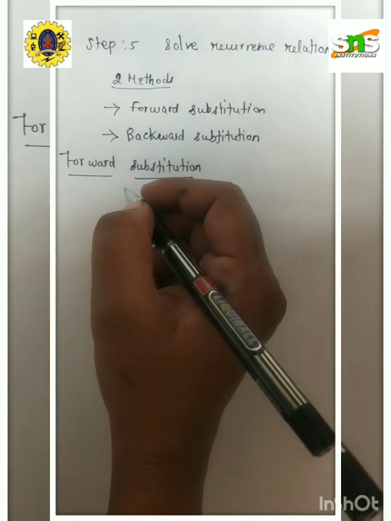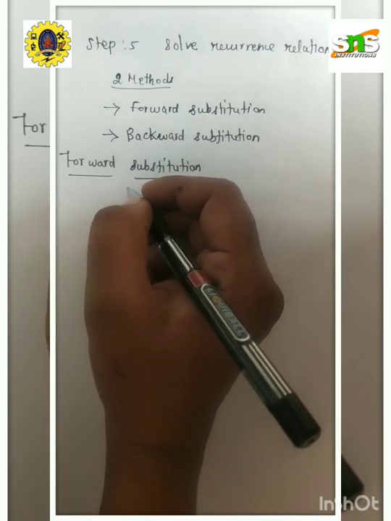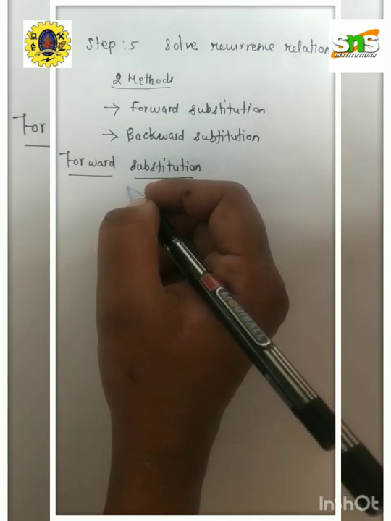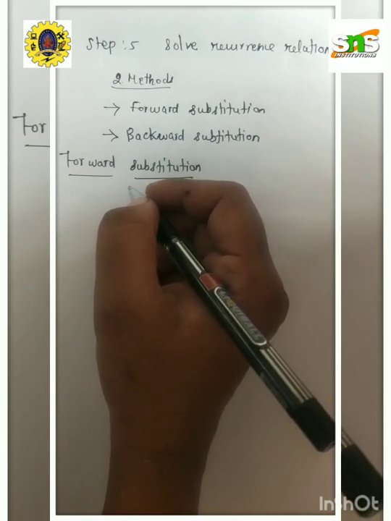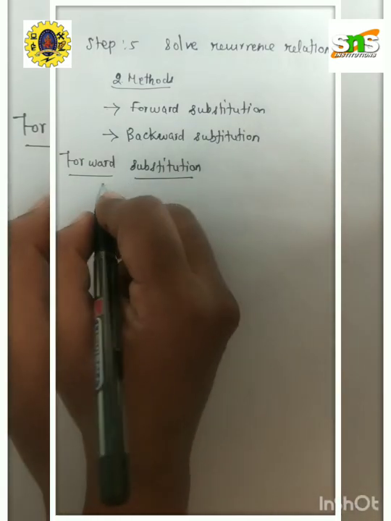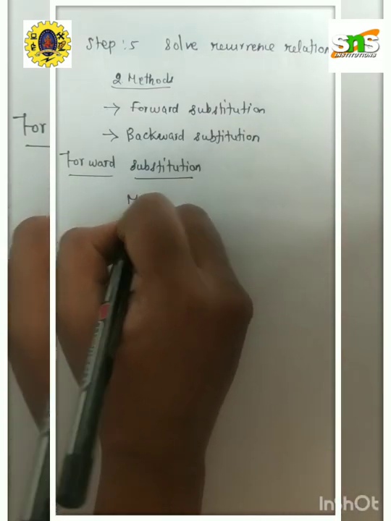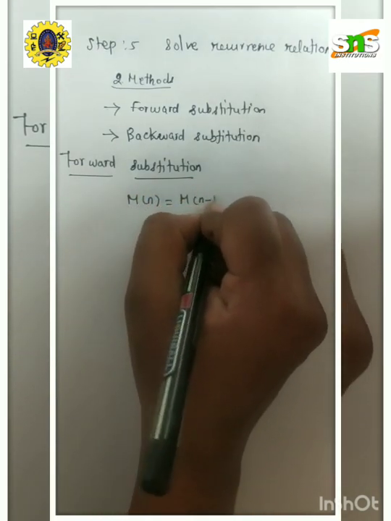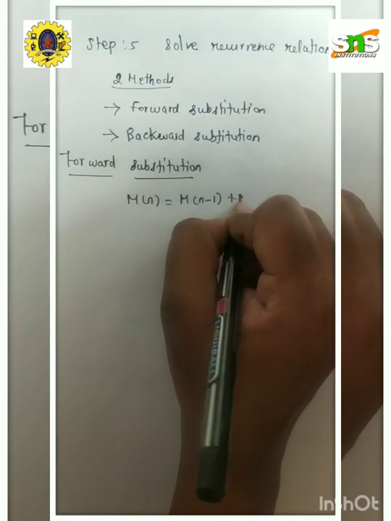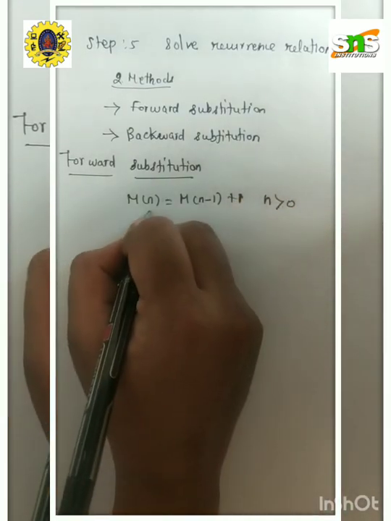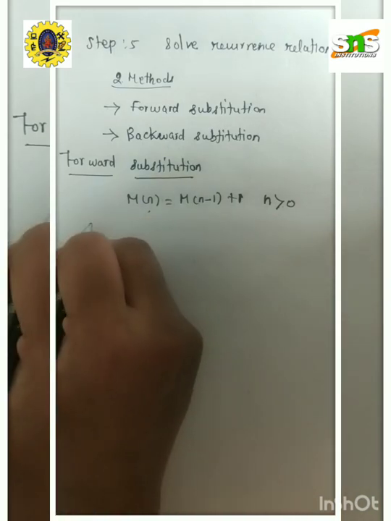If I ask you to tell the numbers from 10 to 1, you tell 10 9 8 likewise. So 1 2 3 is a forward manner, 10 9 8 7 are the backward manner. Likewise, for forward substitution, you have already formed the recurrence relation m of n is equal to m of n minus 1 plus 1 for n greater than 0. From this formula you are going to apply forward substitution.